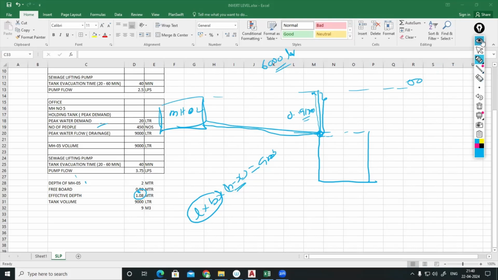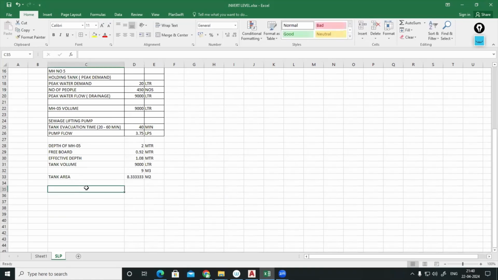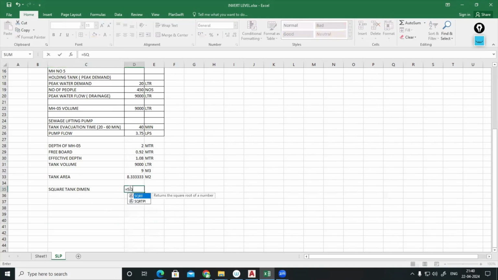So that's why your tank area or manhole area will be 9 meter cube volume divided by effective height. That is 8.33 square meter. Now if you need a square tank, the square tank dimension will be the square root of this value.